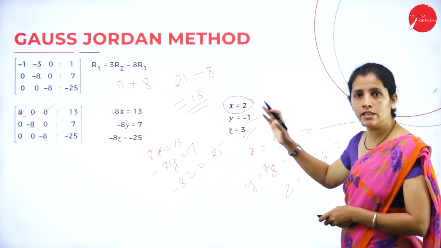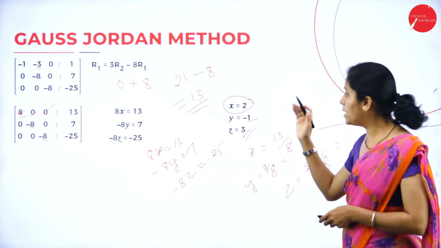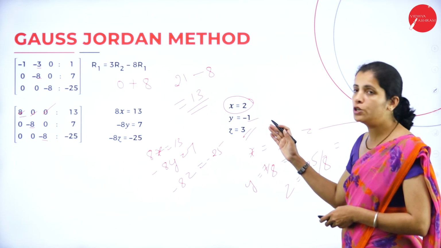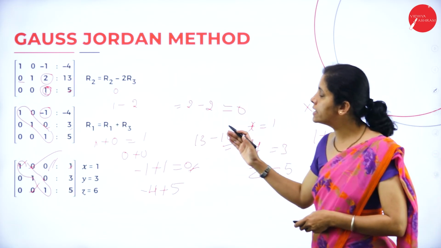This is known as errors. Even though I get fractional values, if I make the round figure, and even if I substitute these values in the given equation, once again I'm going to get the same answer.